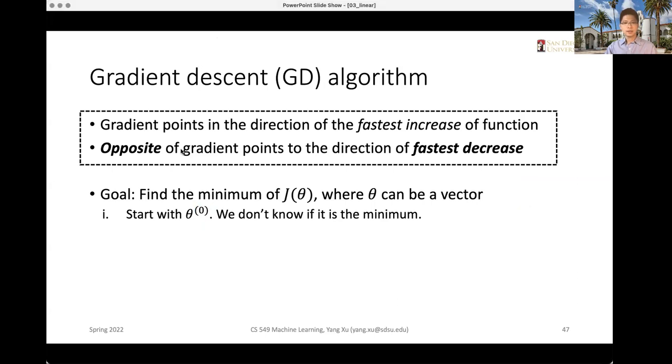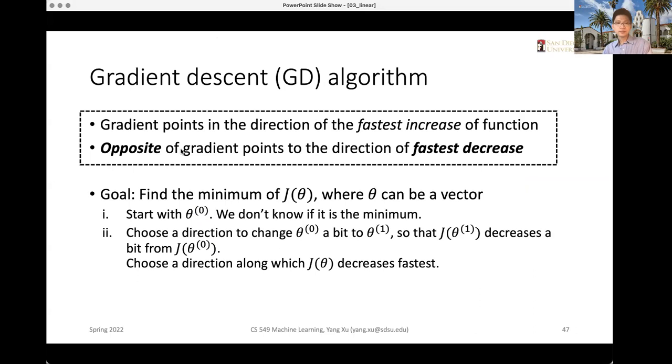All right, and the second step is to choose a direction to change theta 0 a little bit, so that with the new value of theta, which is theta 1, the output value of the cost function, J of theta 1, can decrease a bit from the previous cost function value.